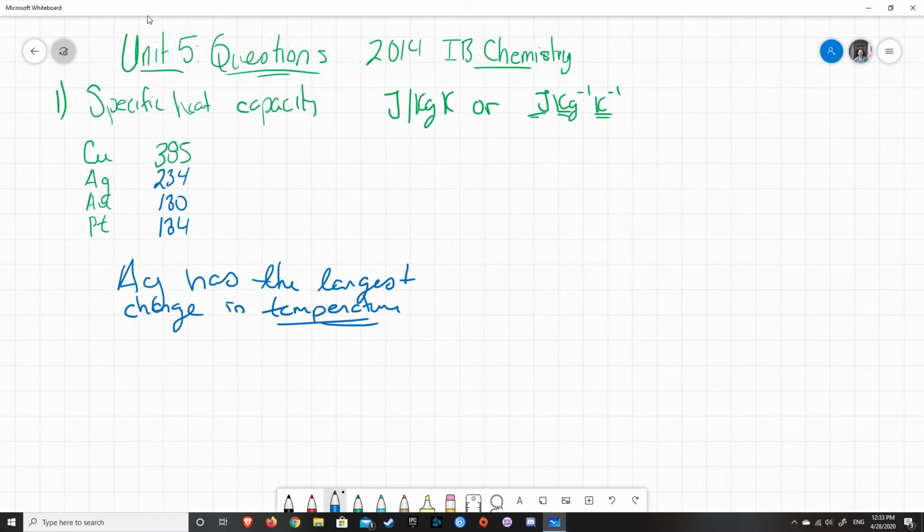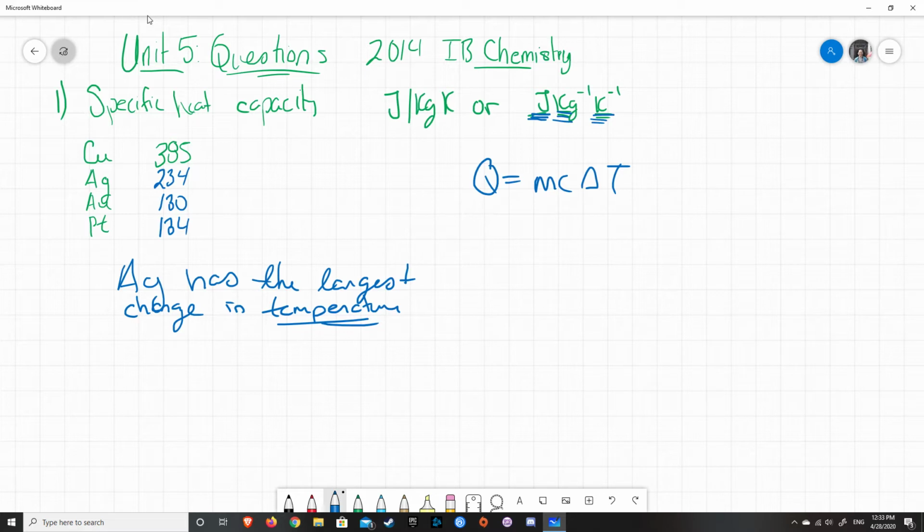So that's how we answer those questions. You can either use the formula Q equals mc delta T, or you can just look at these values and think about the unit: how many joules do I need to raise 1 kilogram by 1 Kelvin?